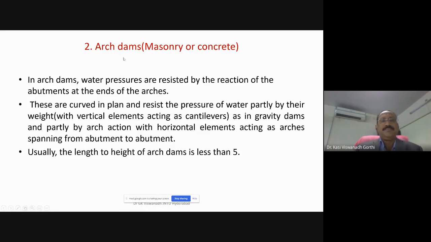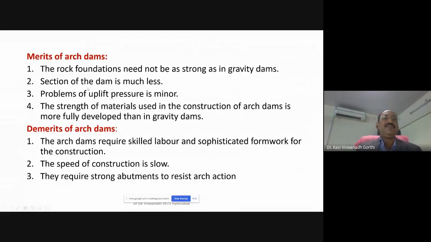Second is the arch dam. As we already indicated, in the case of an arch dam, there will be curvature. Because the arch action is provided, the load will be transmitted and it will be shared by thrust and bending moment. The size of the arch dam, or the volume of material required for it, will be less as compared to a gravity dam. Usually, the length to height ratio of the arch dam will be less than 5. The advantage of the arch dam is that the rock foundation need not be as strong as in the case of a gravity dam. The section of the dam is much less compared to the gravity dam.